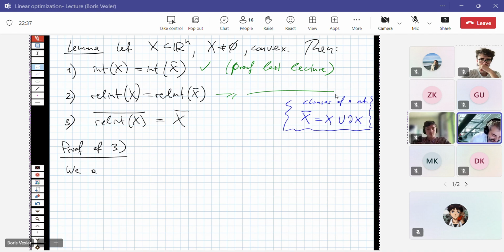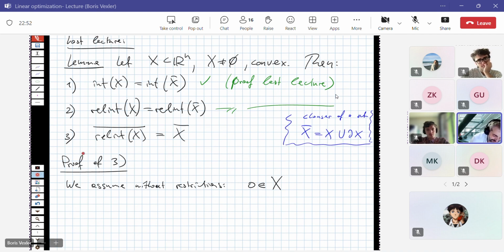We assumed without restrictions that 0 is an element of X. X is non-empty, therefore there is at least one element, and we can move this X in such a way that 0 will be an element of X. Of course, this does not change any of these relations.